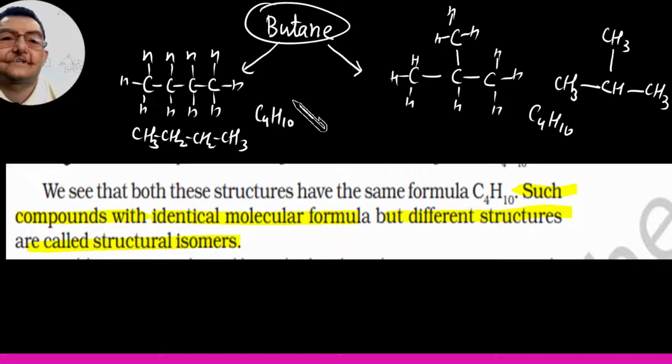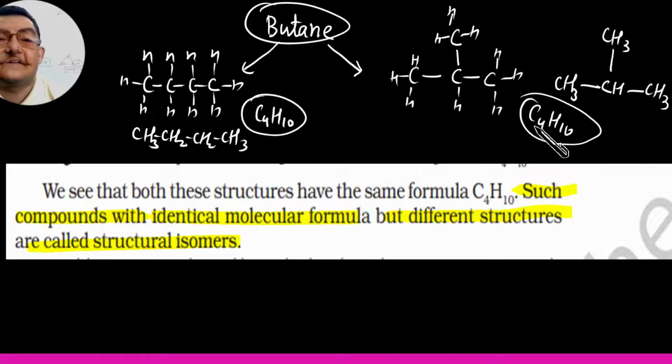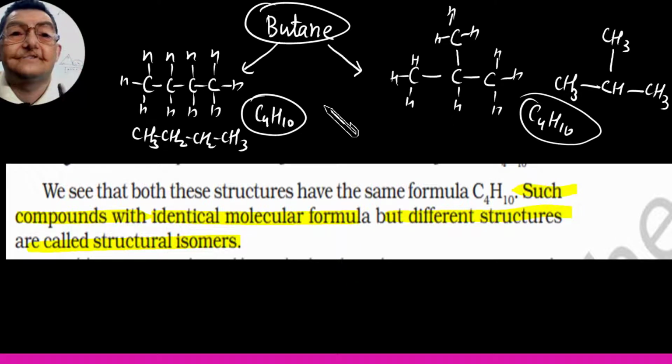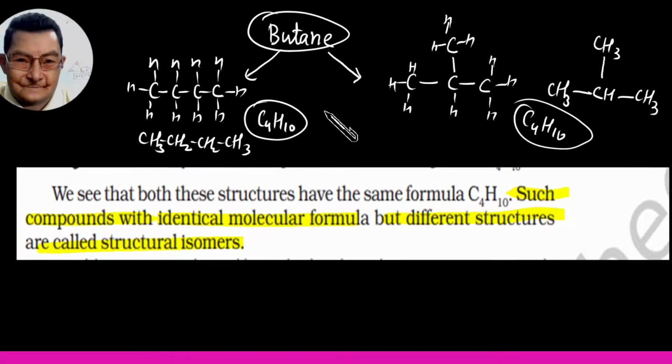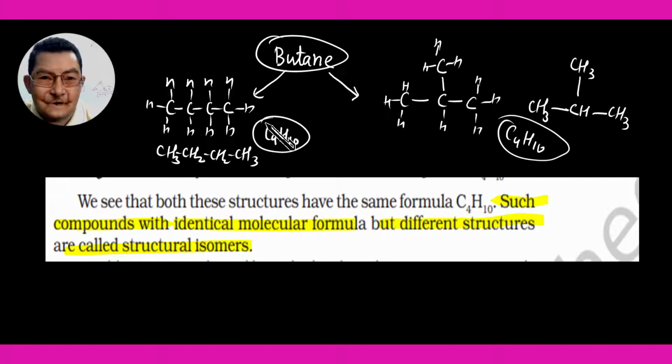So these two compounds have identical molecular formula, that means the same molecular formula, but different structures. These two structures are called structural isomers of butane.